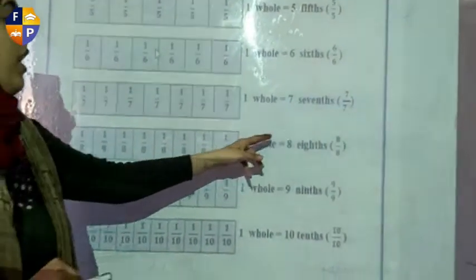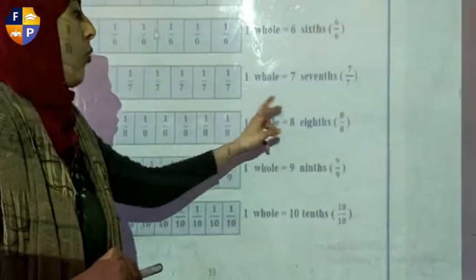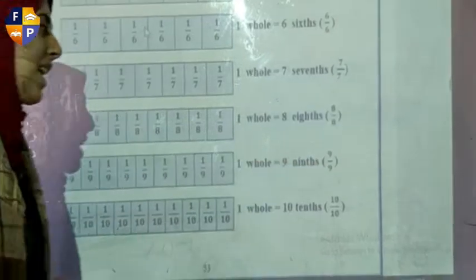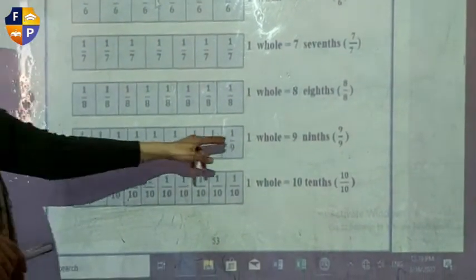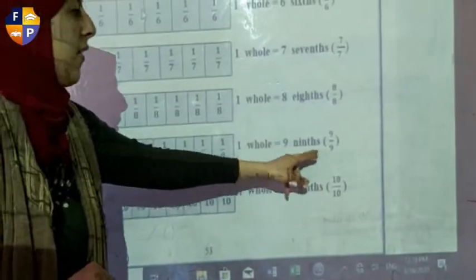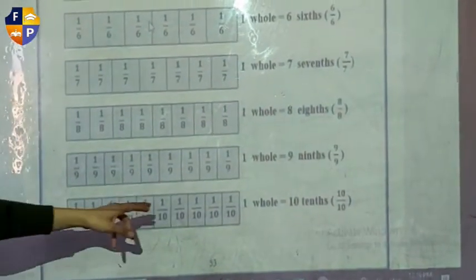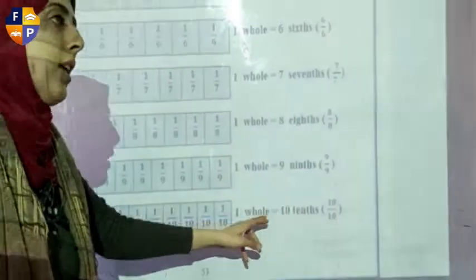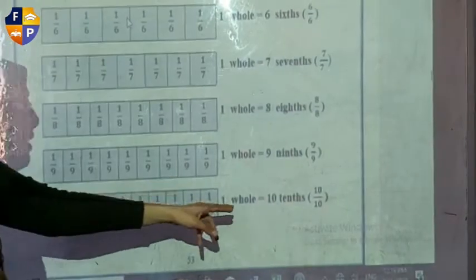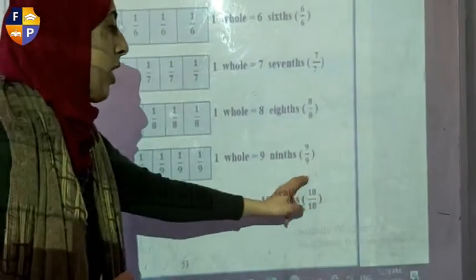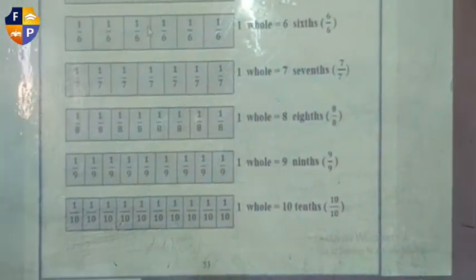One whole equals 8/8, so one whole equals 8 over 8. One whole also equals 9/9, so one whole equals 9 over 9. One whole equals 10/10. I can divide 1 whole into 10 tenths, so 1 whole equal 10 over 10.